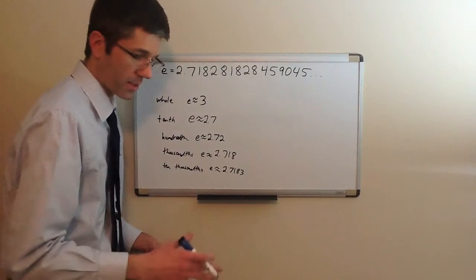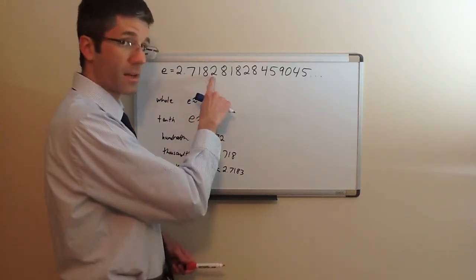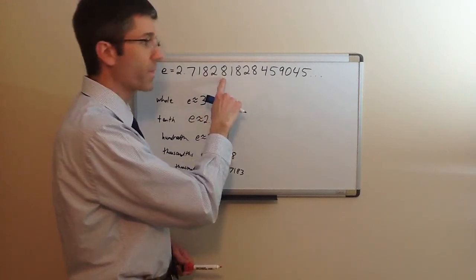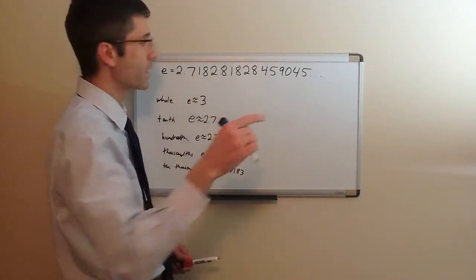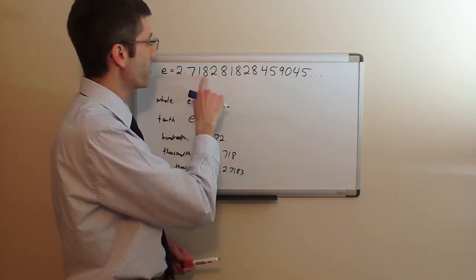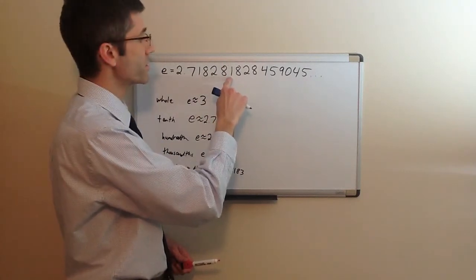And then we skip a little bit. It's going to go to the millionth. So tenths, hundredths, thousandths, 10,000ths, 100,000ths. What comes after 100,000? Well, 100,001. No, I'm kidding. Tenths, hundredths, thousandths, 10,000, 100,000, million. So this is the nearest millionth.